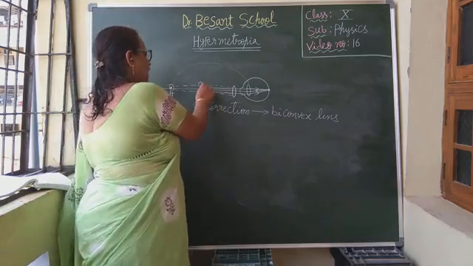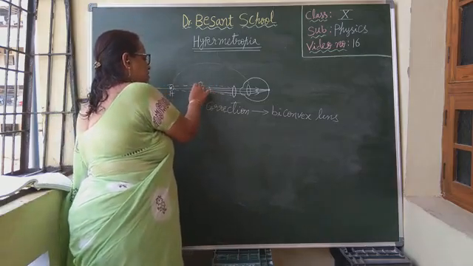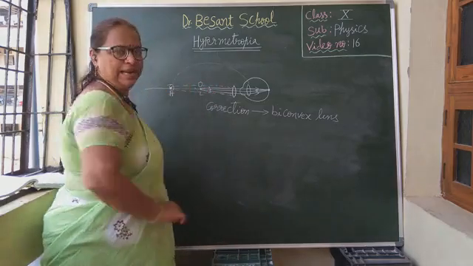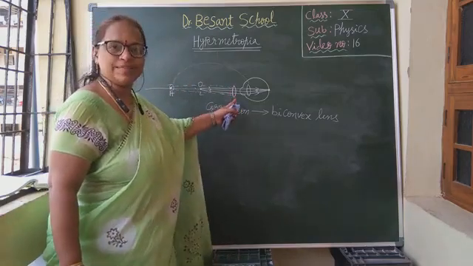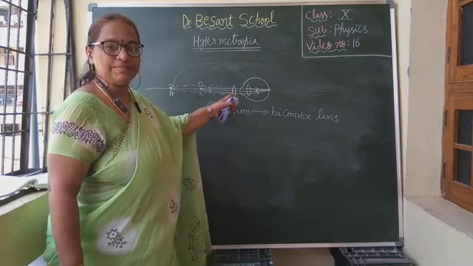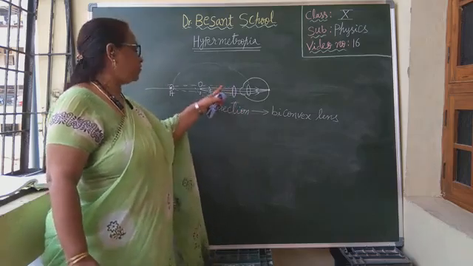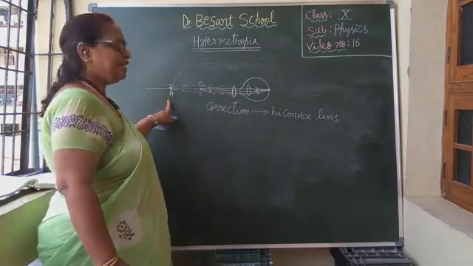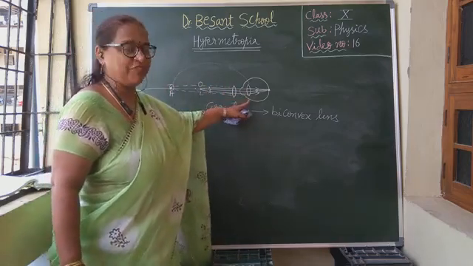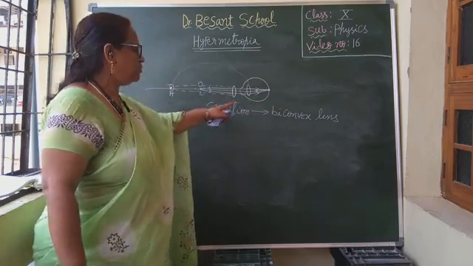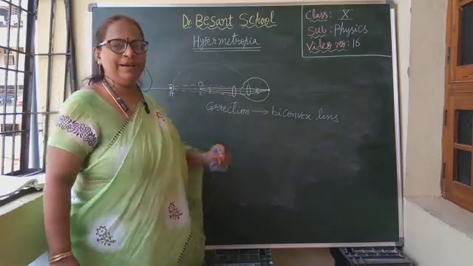When the object is at the least distance of distinct vision or any point between H and L, the rays first touch the convex lens. Then this convex lens makes the image of this object form at near point H. Then that image behaves as the object for the eye lens, which makes it form on the retina.